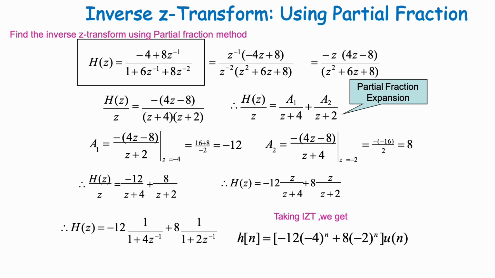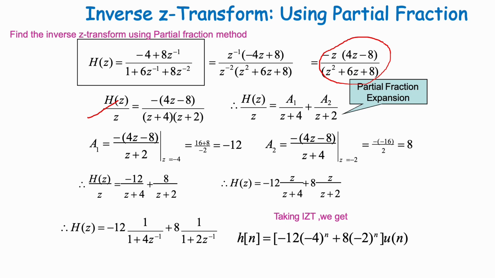Here z power minus 2 is the highest power, so you bring it out. Convert the z inverse powers into z powers, so you will get this. Once converted into z powers, divide by z on both sides. Once the division part is over, you do the partial fraction.